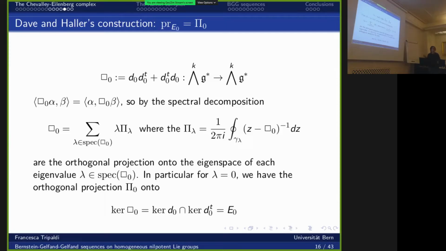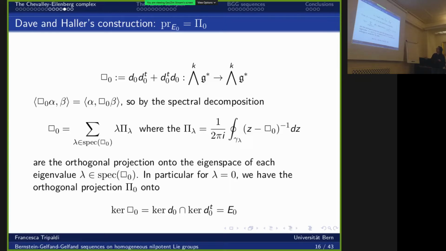This should be fairly okay, right? In particular, we're looking at lambda equals 0. For lambda equals 0, we have the orthogonal projection onto the kernel of box 0, which is exactly E0. So we have two projections, which are the same projection.